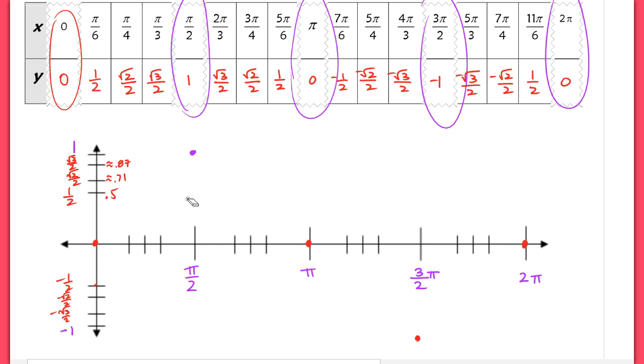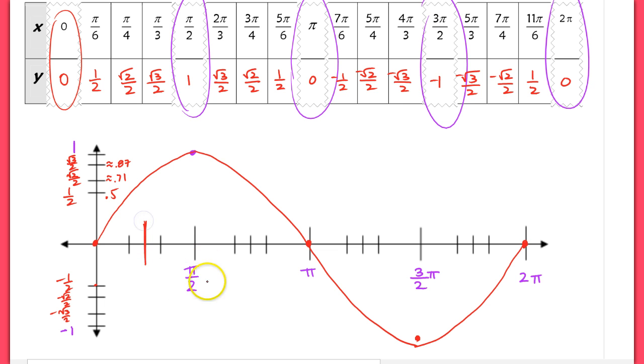But the reason why it looks curved like this is because if you fill in your other coordinates, so let's do that real quickly. This value here looks to be about half of pi over 2. So if I cut pi over 2 in half, I end up with pi over 4.